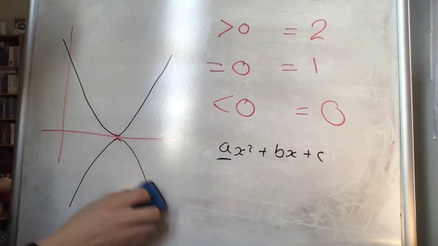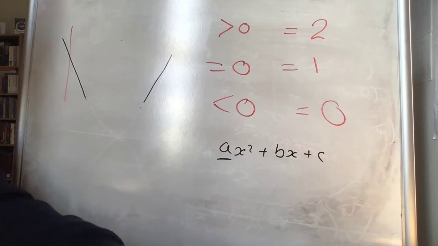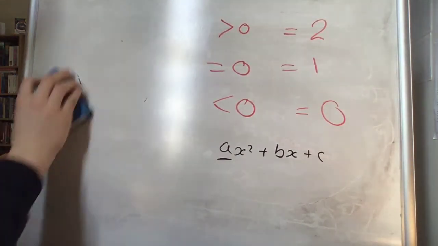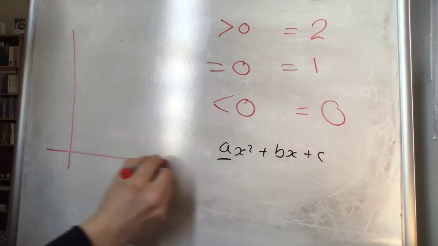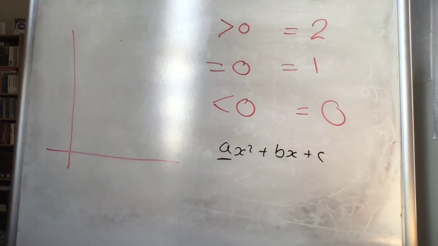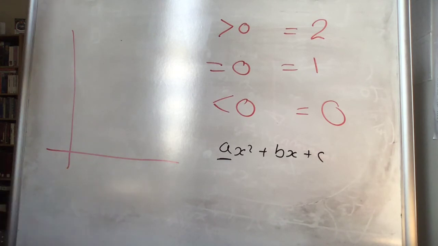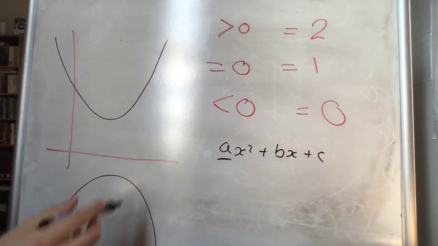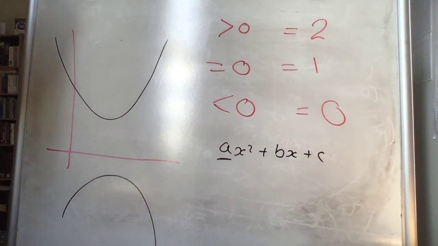And then finally, what happens if our discriminant, b squared minus 4ac, is less than 0? Well, our graph is going to look a little bit like this. Let's draw our axes. It's just not going to touch the x-axis at all. It's not going to have any roots. So it's either going to be something like this or something like this. It's just not actually interacting with the x-axis line at all.